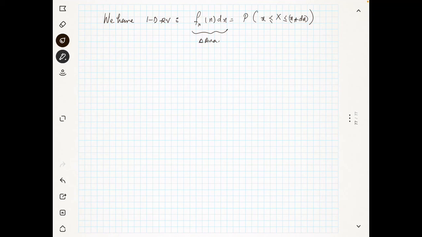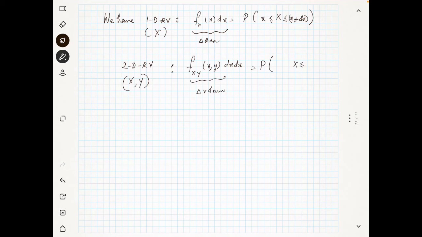For the 2D random variable x and y, we have the same thing, fxy of x comma y, with dx and dy. That means it is a small volume, a delta volume. It's nothing but the probability that X takes a value between x and x plus dx, and Y takes a value between y and y plus dy. So it's just the extension.